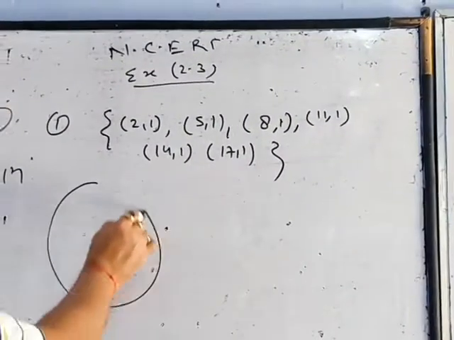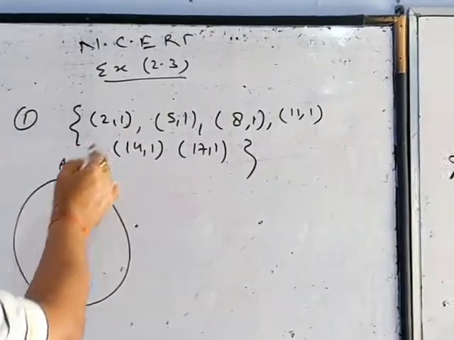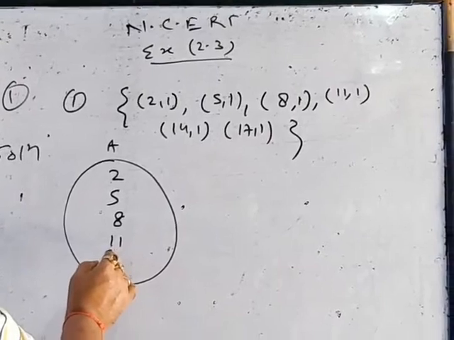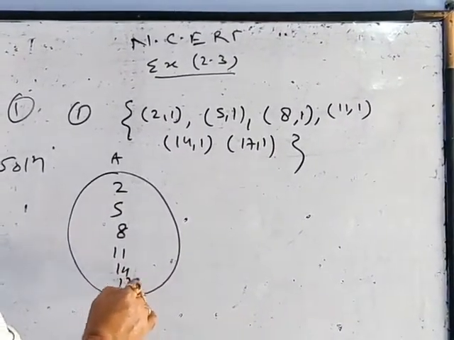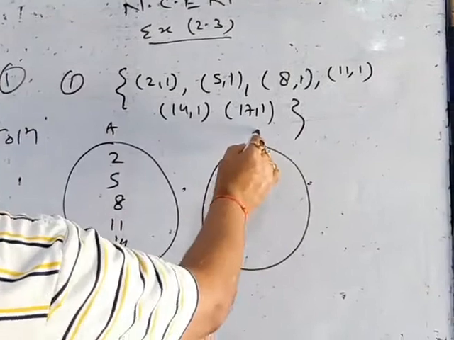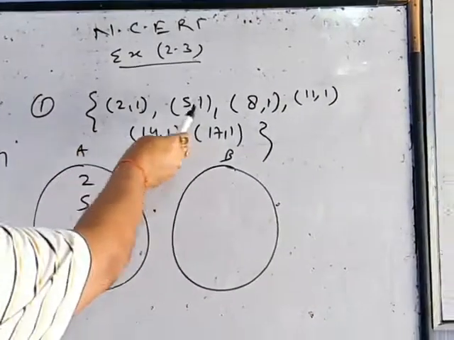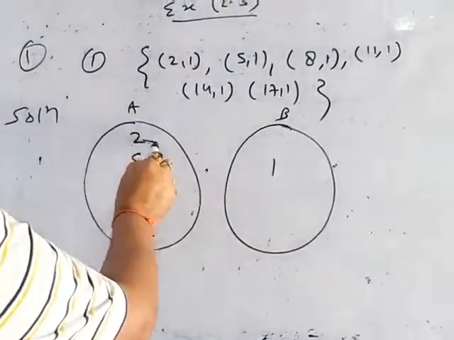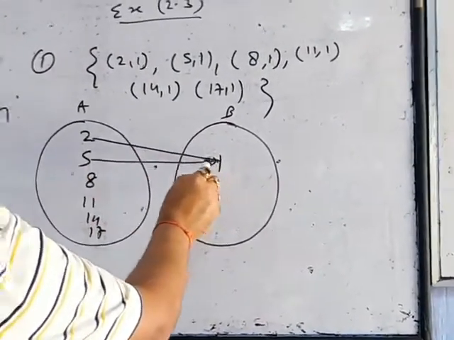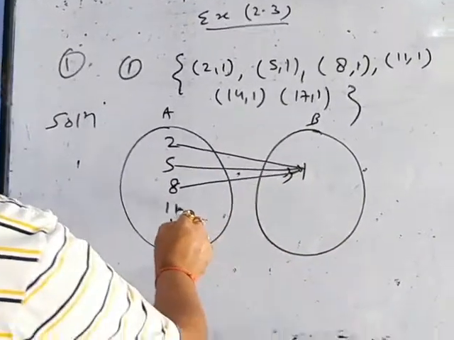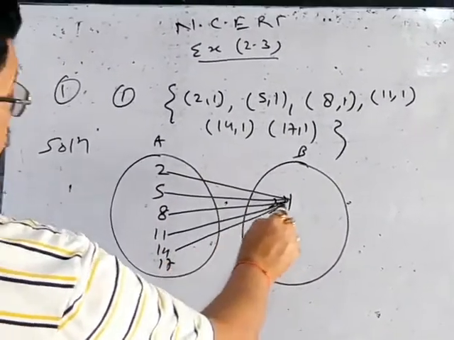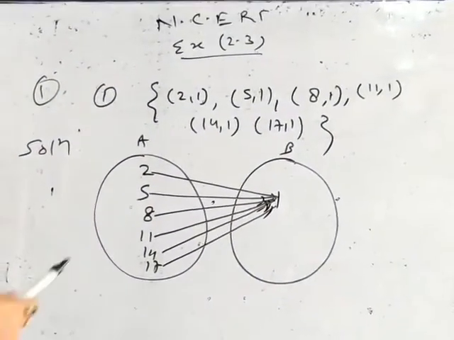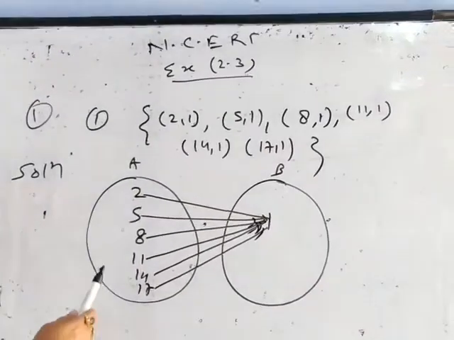Here you write set A, write elements 2, 5, 8, 11, 14 and 17. Here you write set B, take the second elements, we see all the second elements are 1. So 2 is related to 1, 5 related to 1, 8 is related to 1, 11 related to 1, 14 related to 1, 17 related to 1. So all the elements of the domain are related to this.